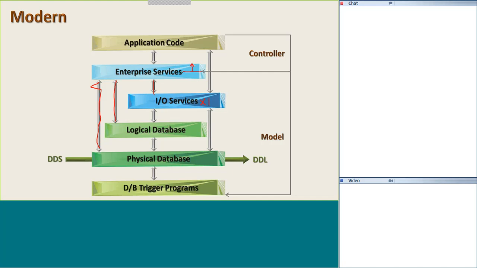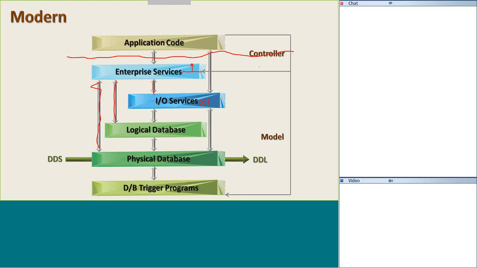And thus, you've managed to achieve a decoupling of the database from the application. Sorry, my mouse drawing is not great. So you've decoupled your application code from the database.